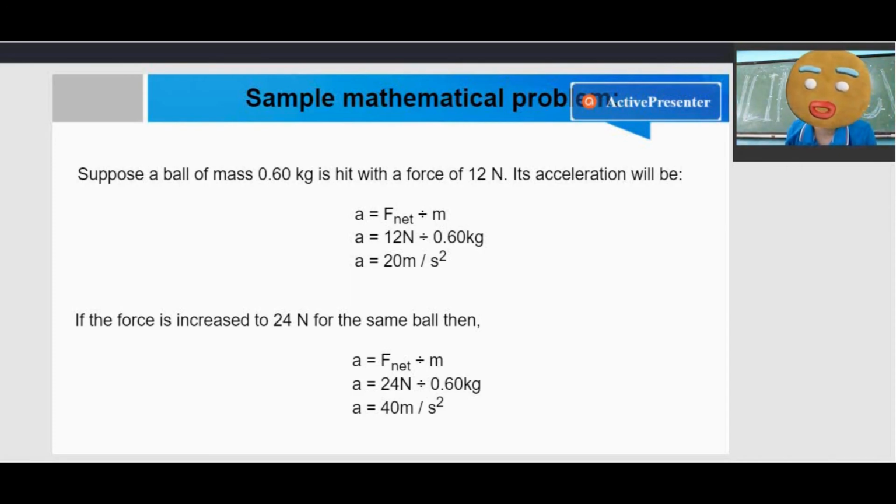And when we are looking for mass, we will have the derivations. So I will teach you about derivations in another video. Okay, so this is the first and the second law of motion. So I hope you learned something.